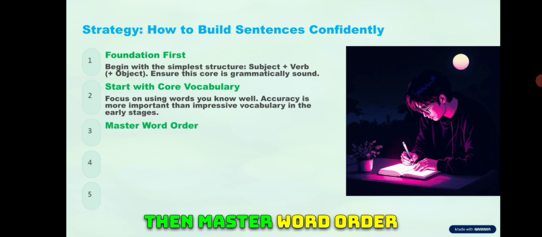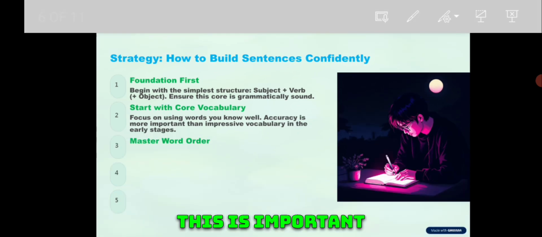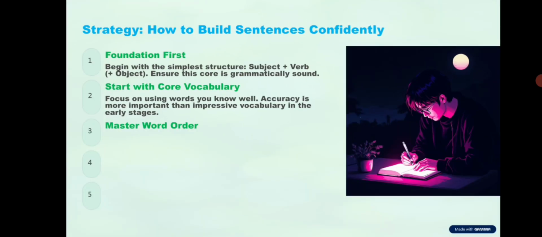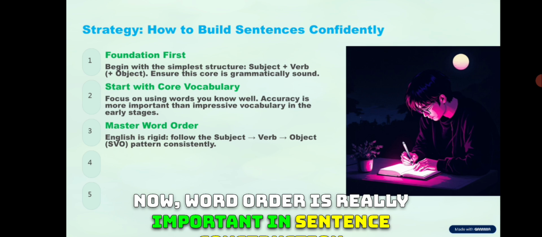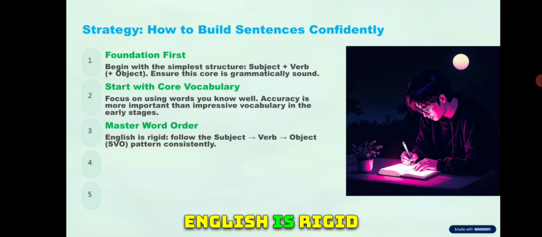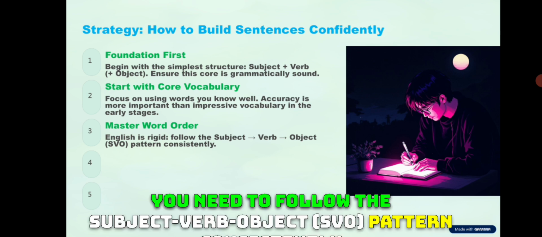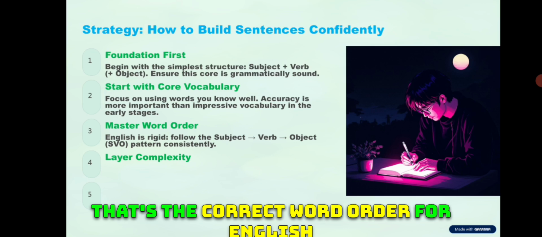Then master word order. This is important. Now, word order is really important in sentence construction. English is rigid. You need to follow the subject, verb, object, SVO pattern consistently. That's the correct word order for English.